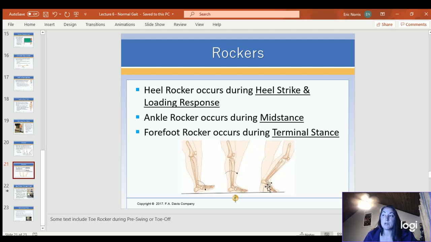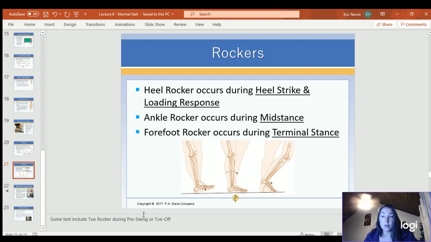So as the heel lifts off from the ground, then you're rocking forward on the forefoot. So heel rocker, you're rocking forward on the heel. Ankle rocker, you are moving forward at the ankle, and forefoot rocker, you're rocking forward onto the forefoot.